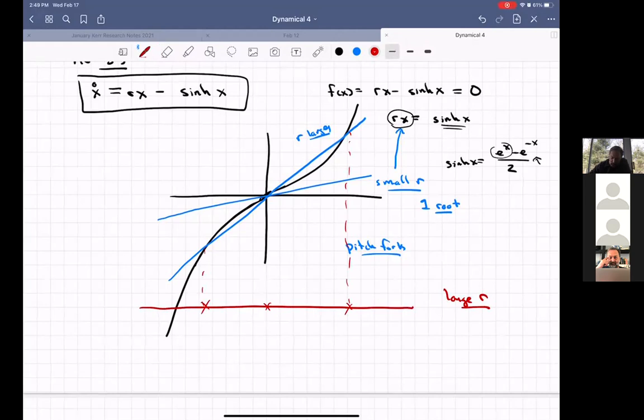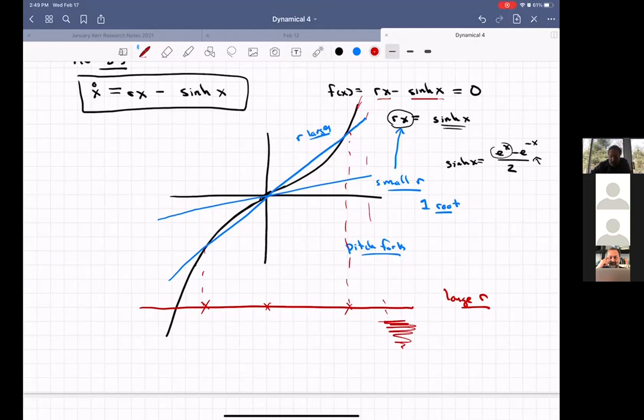At large R, if I'm over in this region to the right, at big X values, the sinh is more than Rx.